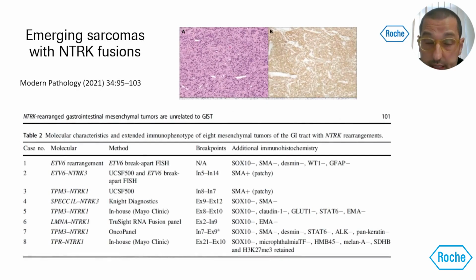There are also recently published papers reporting the presence of NTRK gene fusions in mesenchymal soft tissue tumors of the GI tract that are unrelated to GIST, and this is the reference for this statement.